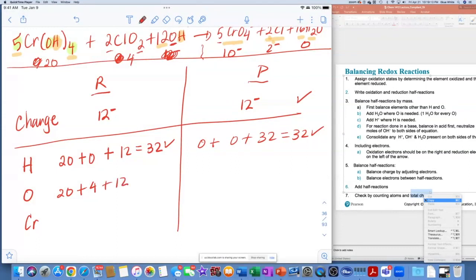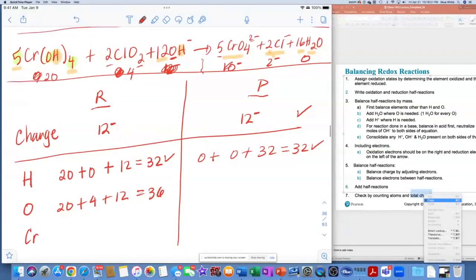We got 12. So it's 20 plus 4 plus 12, 36. On the product side, 5 times 4 oxygens make 20 from the first formula. We have 20 oxygens here. Second one doesn't have anything. Third one has 16. 20 plus 16 makes 36. So this matches this, so it's balanced.